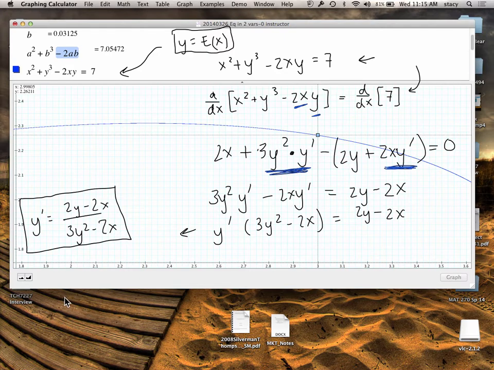I'd have to find the rate of change of y with respect to x at the point 3 comma 2, because you need both coordinates to be able to find the rate of change now. Now, if I were to only give you the x coordinate, what would that mean? You'd probably have to go back to the original to find y. So don't forget how to do super old stuff, okay?